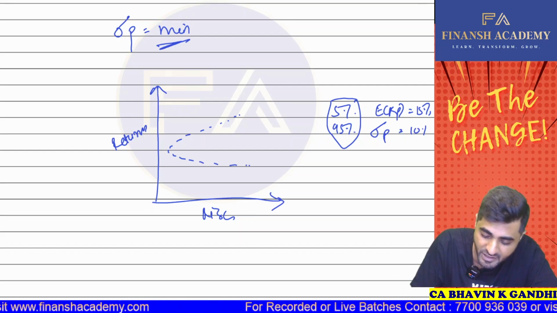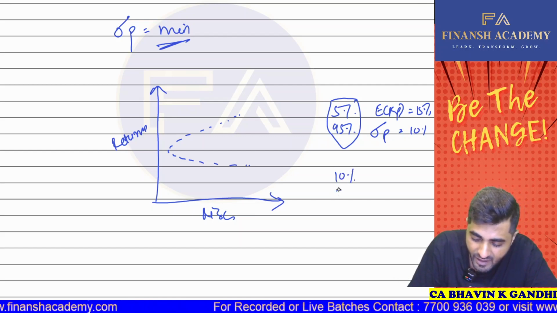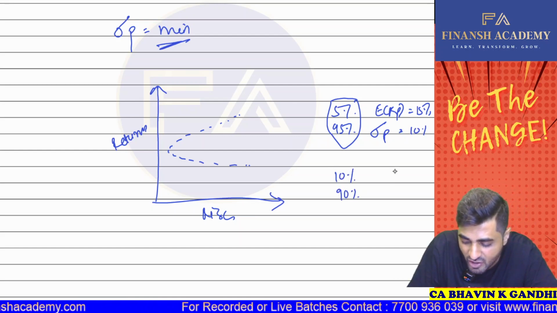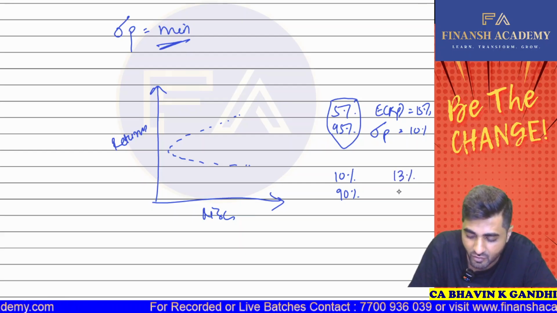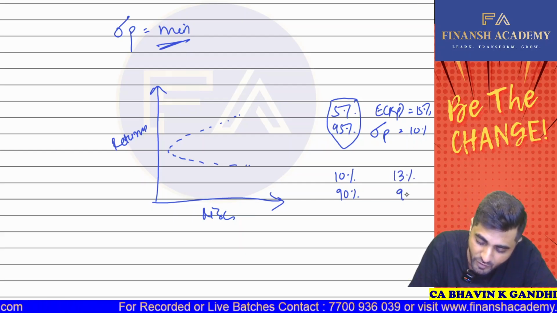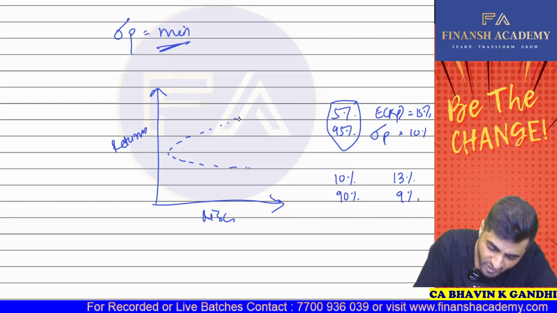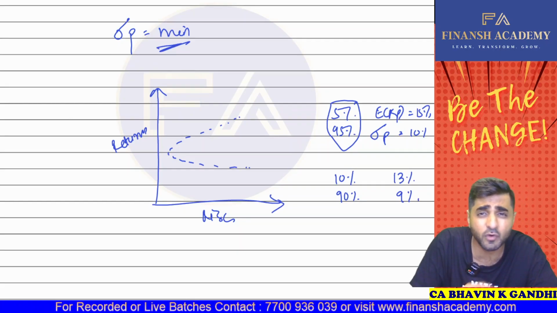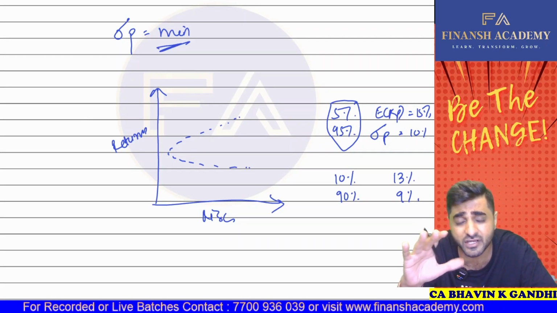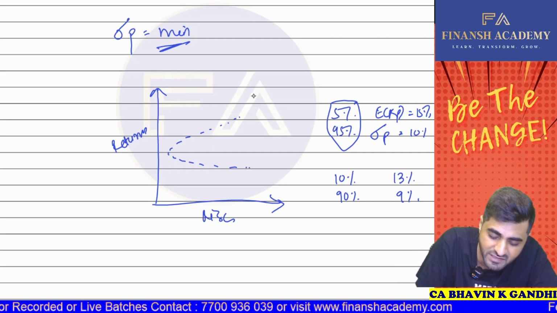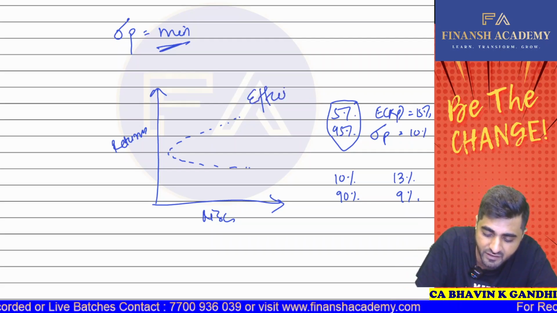Again, at a different combination, say 10% and 90%, suppose the return on the portfolio is 13% and the risk is 9%. So plotting these multiple combinations, we get something called the efficient frontier.